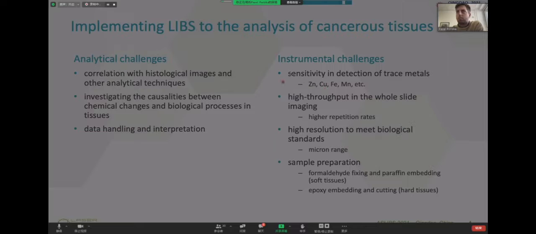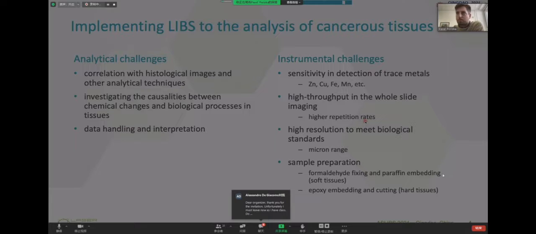Also, instrumental challenges. LIBS is really nice and complementary to laser ablation inductively coupled plasma mass spectrometry, which does a nice job in sensitivity and detection of those elements. Providing this in LIBS is a challenge that we need to tackle, increasing the sensitivity as such. LIBS can also provide a high repetition rate, reaching above 100 hertz.